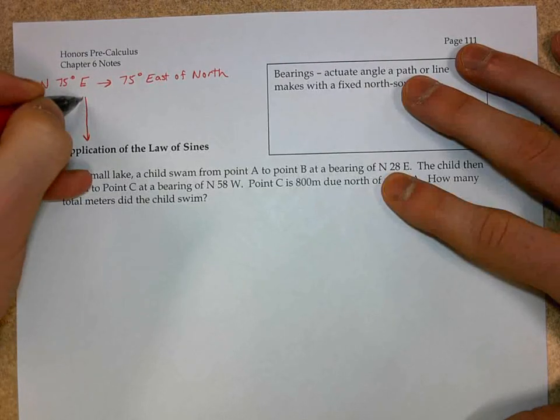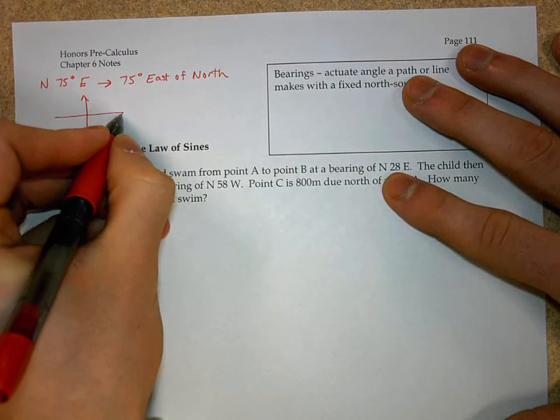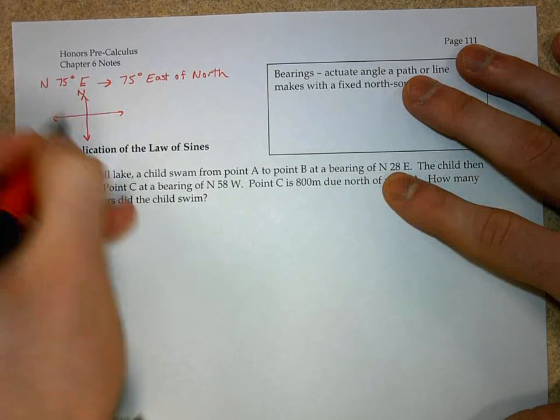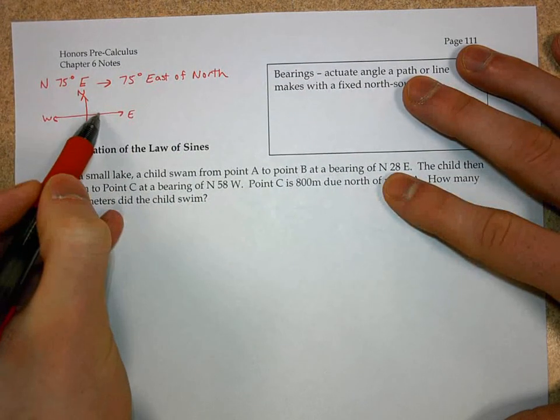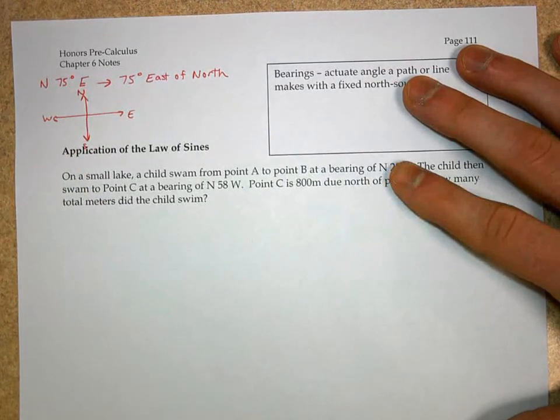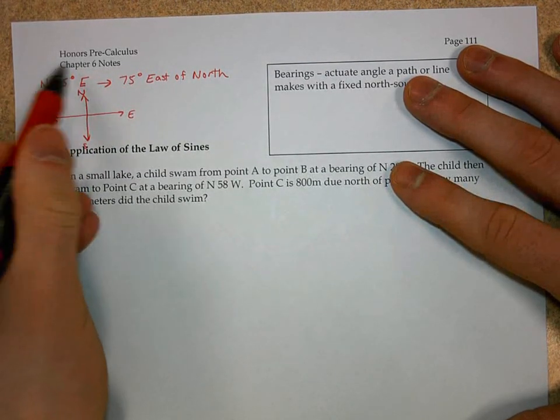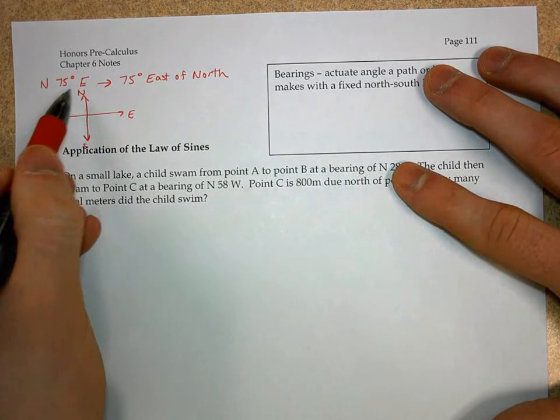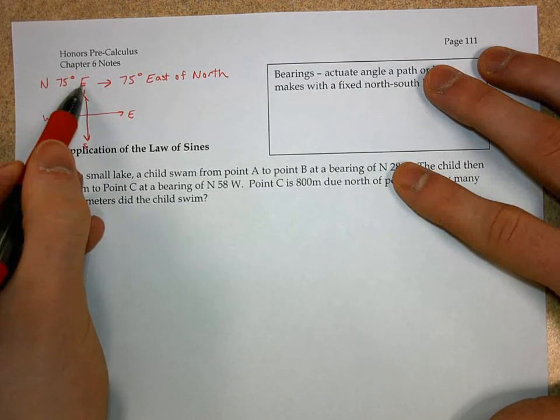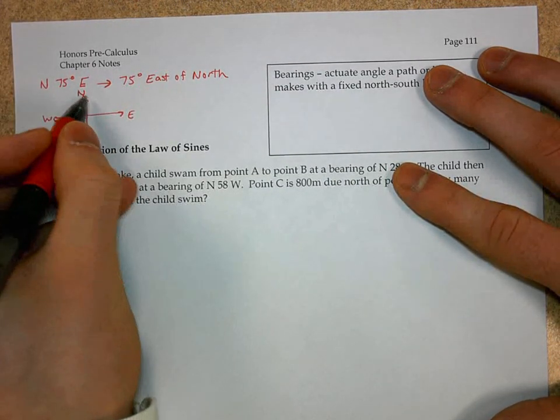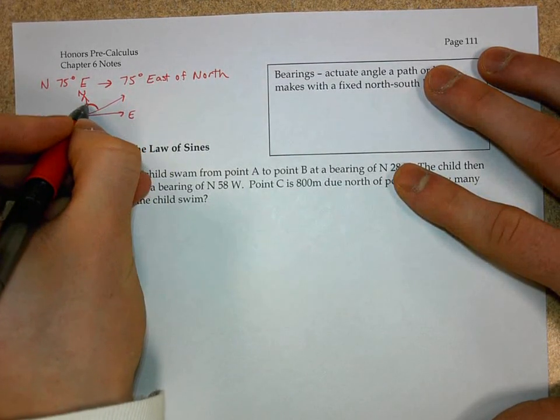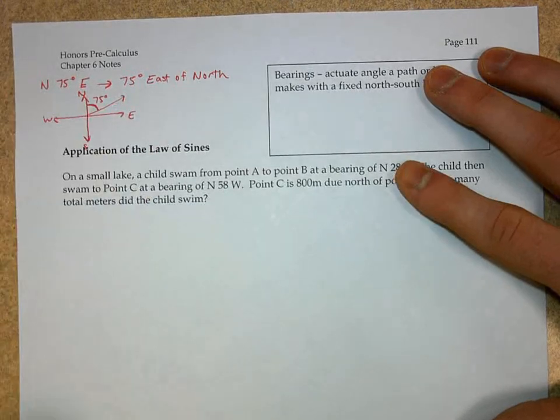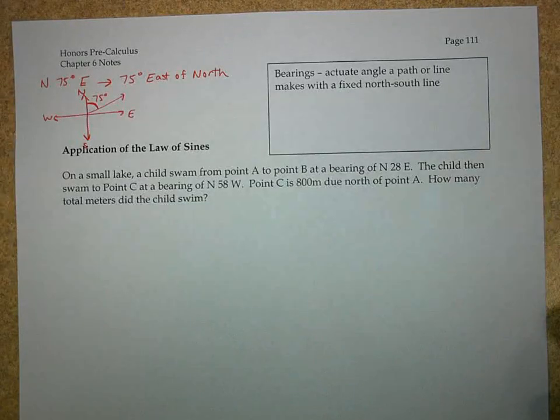So if I look at this on the coordinate plane, here's my north, south, east, and west. I'm no longer starting at 0 and going up 75 degrees. I am basing everything off of the information I'm given here. So here, 75 degrees east of north means I'm going in the east direction from north. So there's 75 degrees east of north.